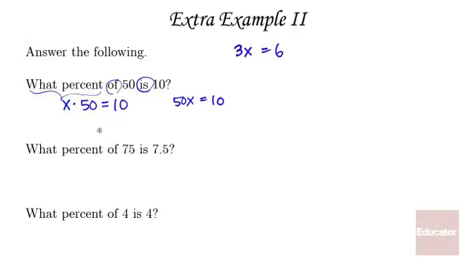So, I can show you this way. So, 50 over 50, that's 1. 10 over 50, that's what you have to do, right? 10 divided by 50. Okay, again, fractions are the same thing as division. So, 10 divided by 50.